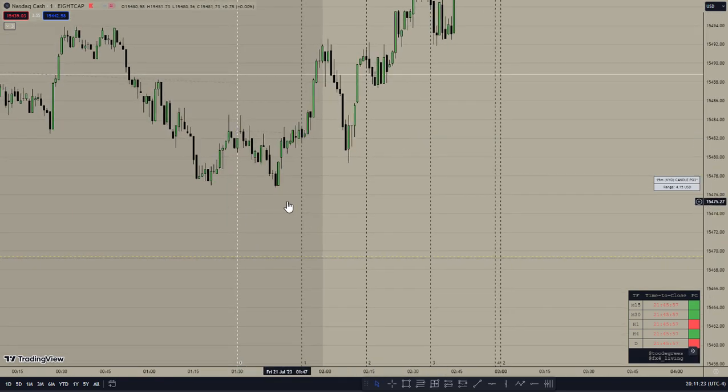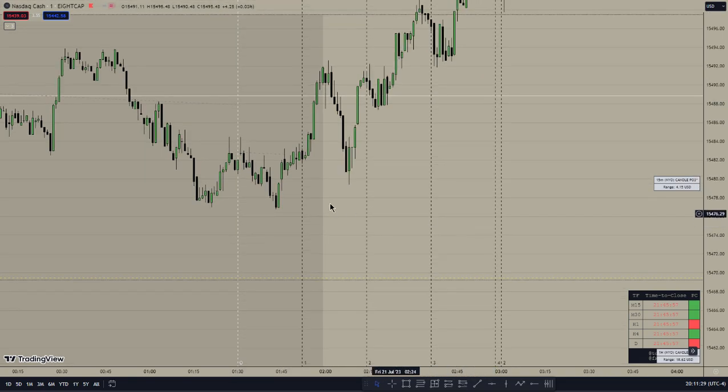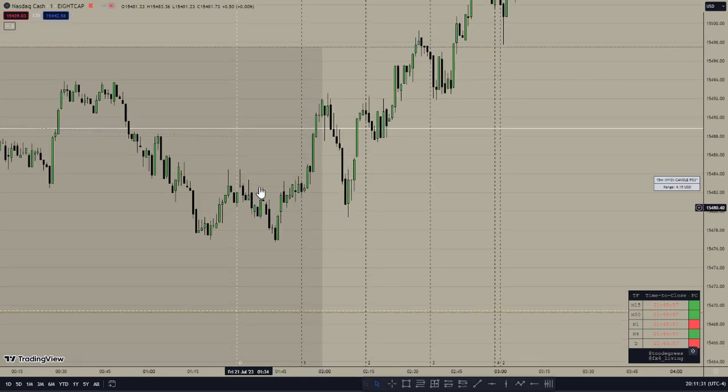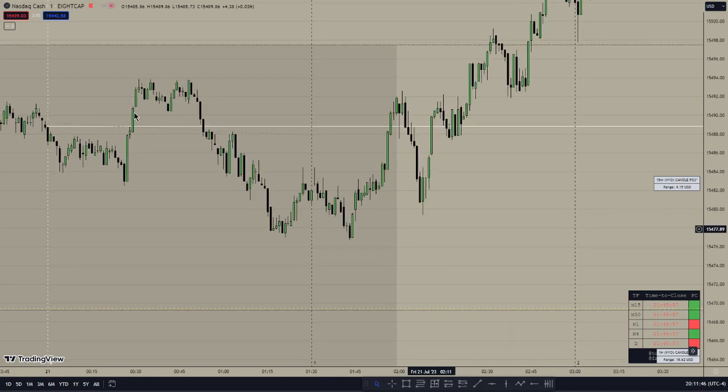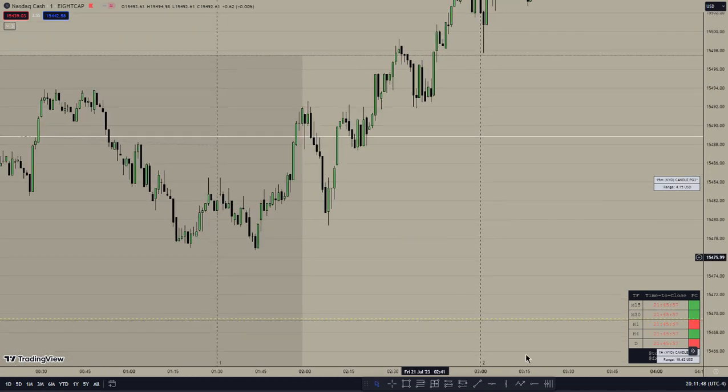But here inside we have quarter 1, quarter 2, quarter 3, quarter 4, right? As you can see here. So accumulation, manipulation, displacement lower, and you can buy here because this is the quarter 2 within the quarter 2. You know what I mean? You get the idea? Quarter 1, quarter 2, you know?